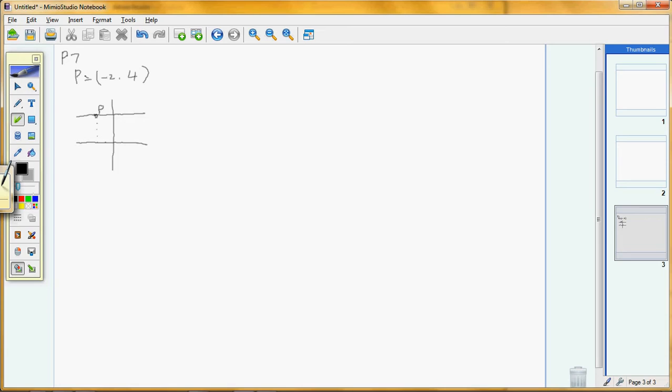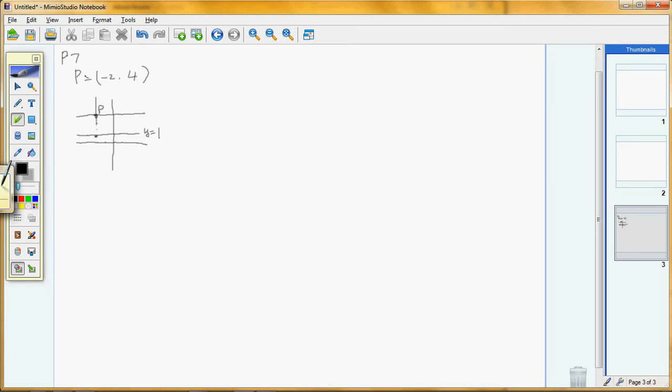For example, let's call this point Q, and the coordinate is (-2, 1) here, and if the line passes through that, the equation of this line is y equals 1. So use that idea. B, line S is vertical and passes through that.